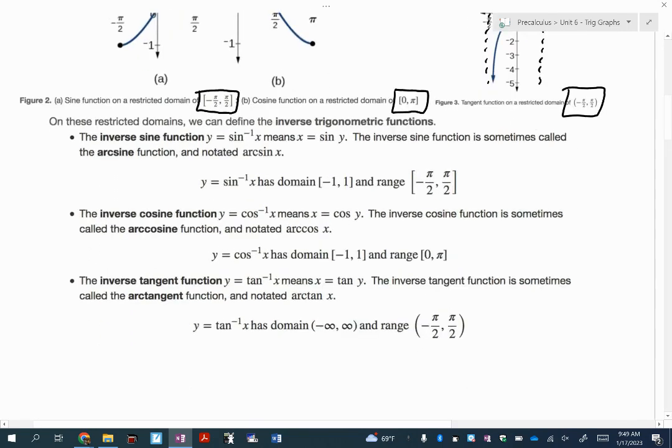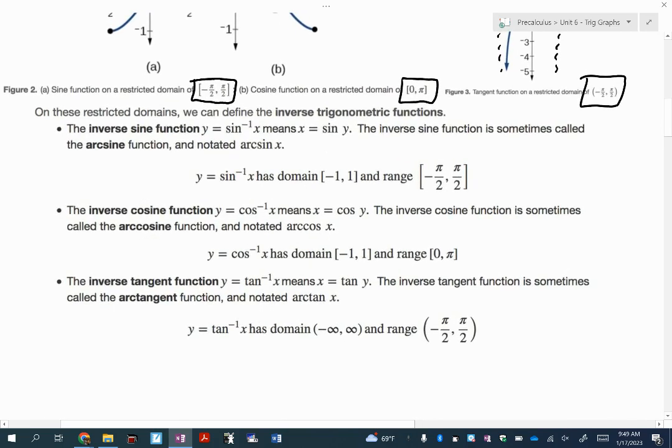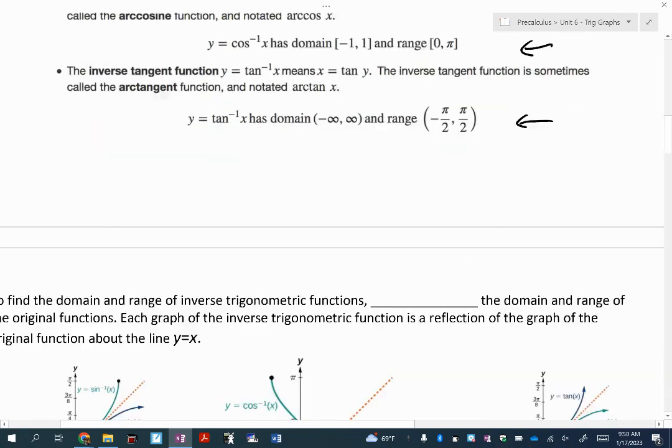So here are the basics of these inverse trig functions. The arc sine function has this restricted domain, and when we do the inverse of that, you can see that it becomes the range. Same with cosine and same with tangent. The key takeaway on this first page is we can do inverse trig functions, but we just have to restrict the domain and range.